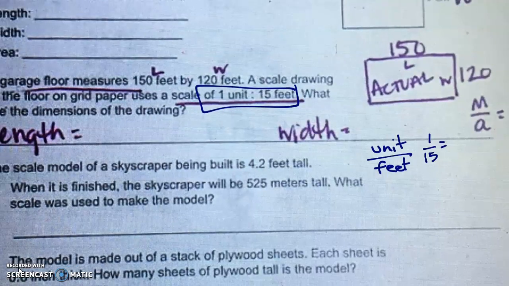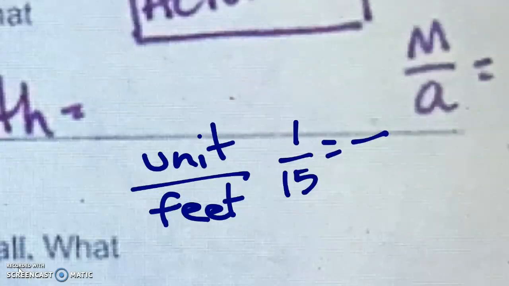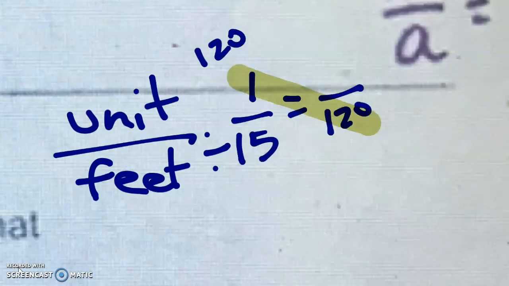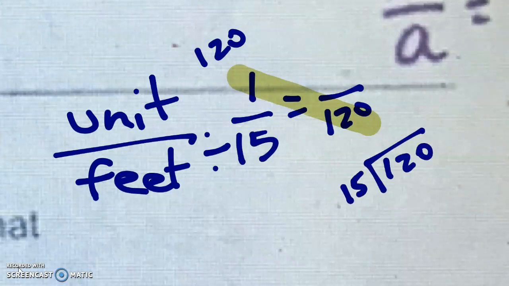And let's find out the width first. The width of the actual is 120 feet. So we just cross product what we can and divide by what's left. So 120 times 1 is obviously 120. And now we do 120 divided by 15. We're going to have to estimate this. 10 would be 150.